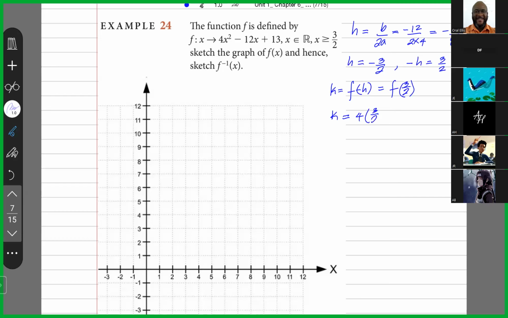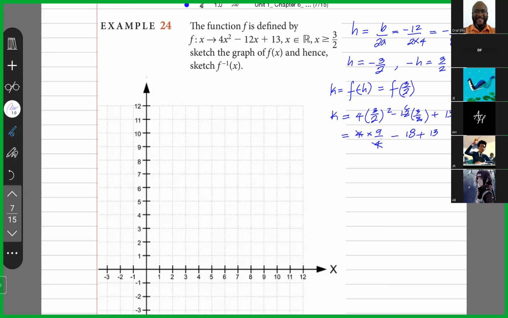4 times 3 over 2 squared minus 12 times 3 over 2 plus 13. This is 4 times 9 over 4, minus 2 into 12 goes 6, 6 times 3 is 18, plus 13. 4 cancels 4.